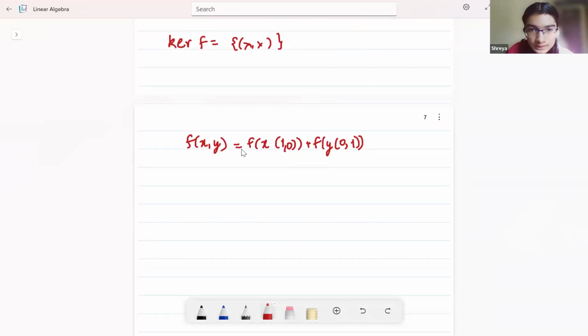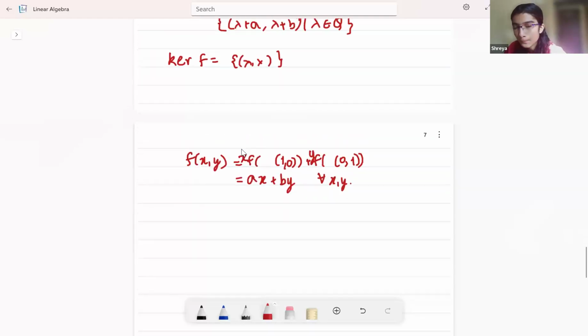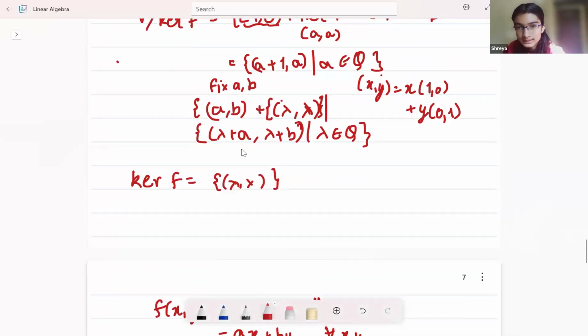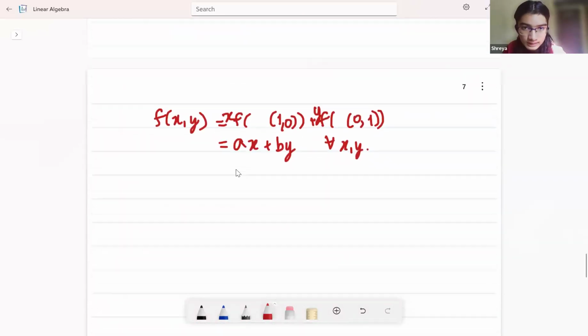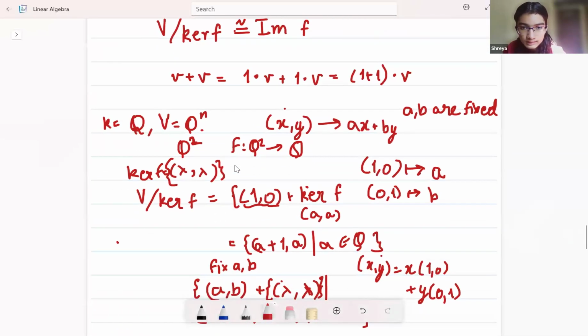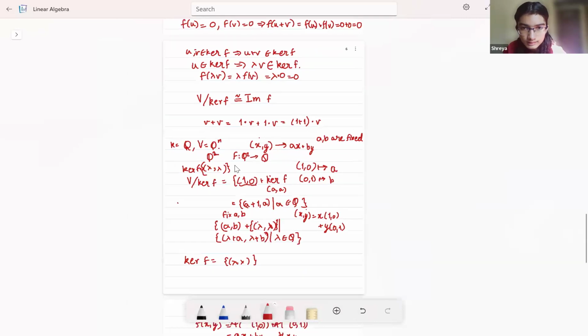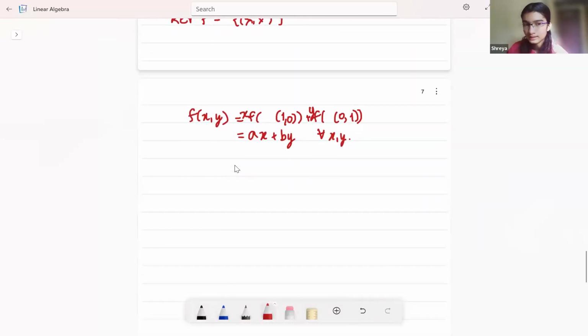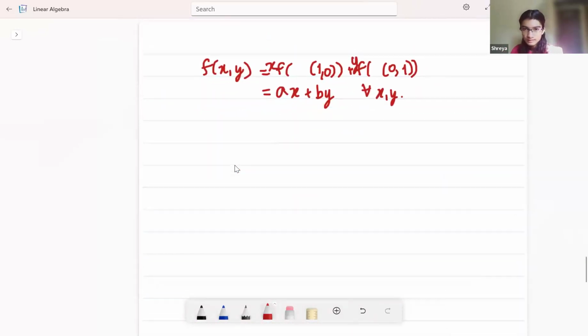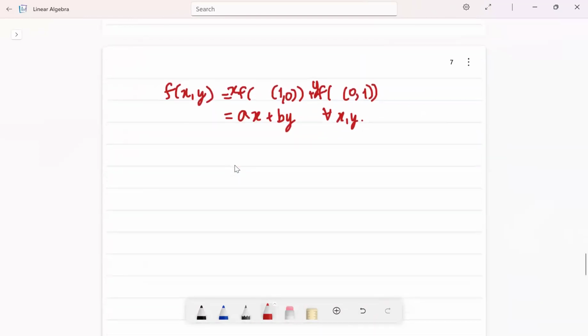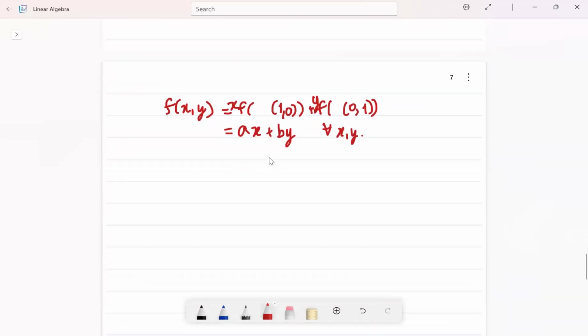Then you can also take the x outside because x is a rational, and the y outside over here. Then you get ax plus by for all x, y. So this is a pretty nice characterization. Does this make sense? Yes. Okay.